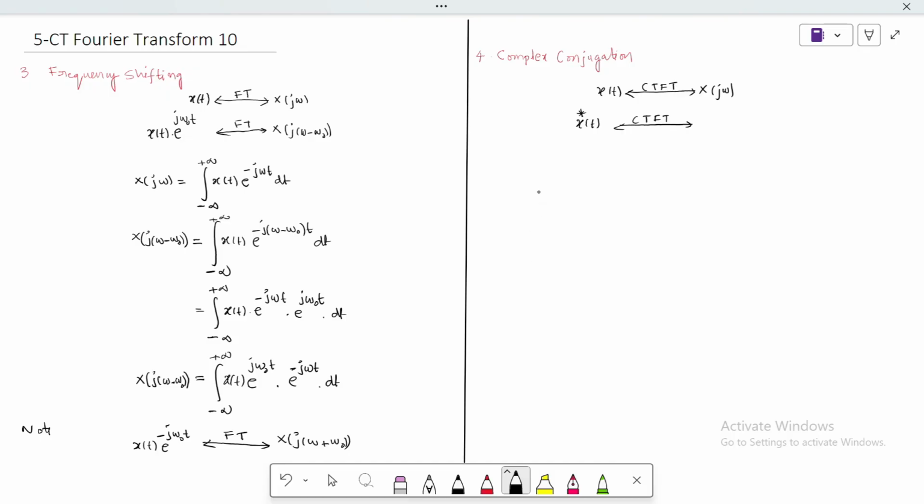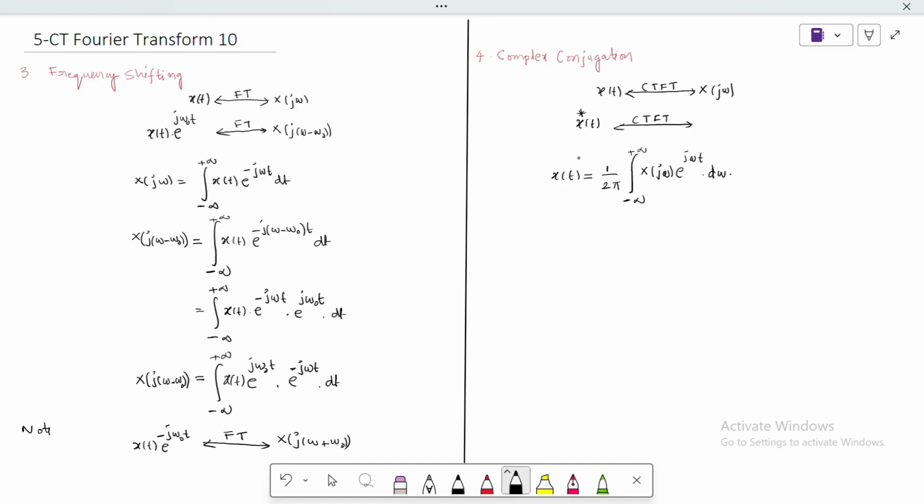To prove the complex conjugate of x of t, we should take the x of t signal. So x of t equals 1 by 2 pi integral from minus infinity to plus infinity of x of j omega into e power j omega t into d omega.